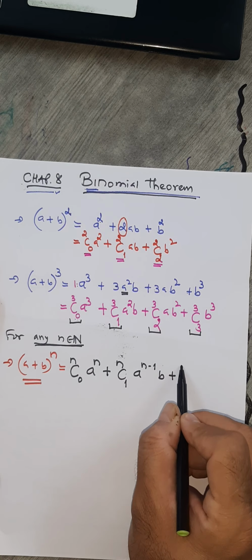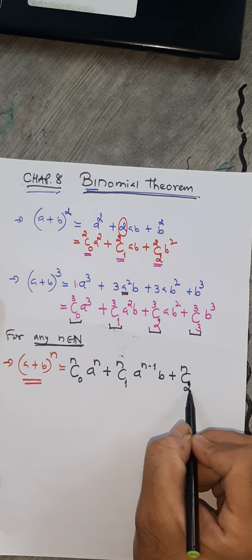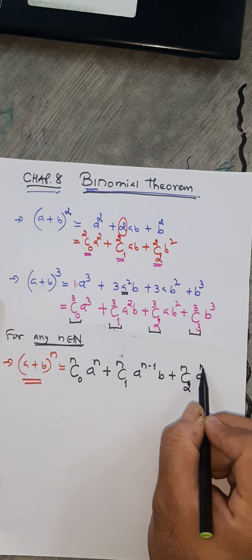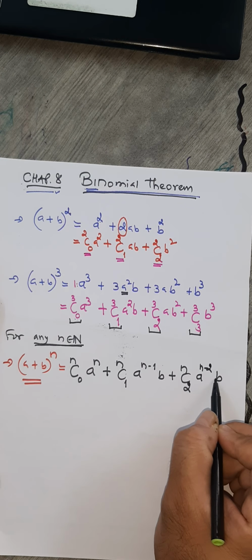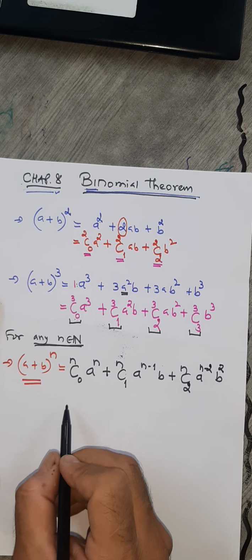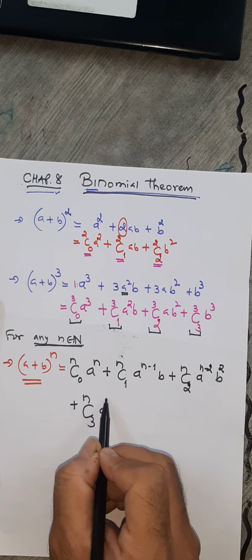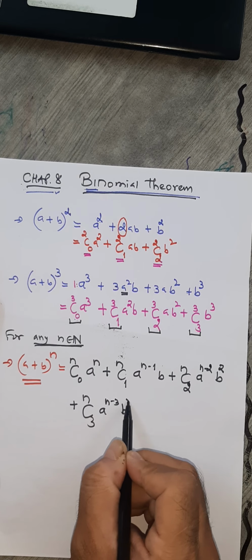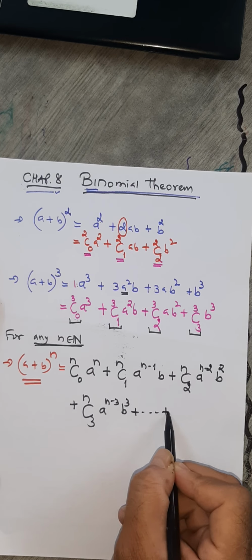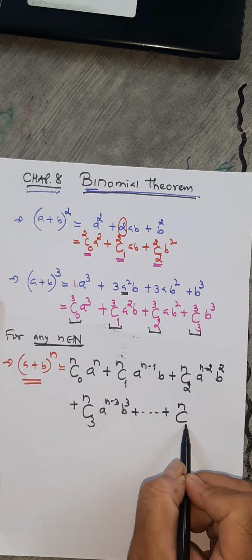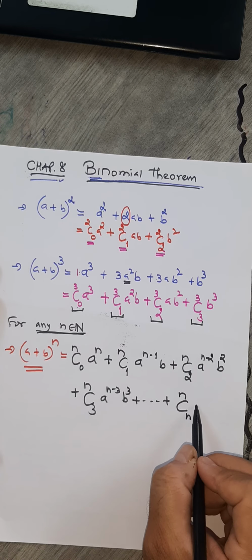Now next nc2, the power will decrease by 1, so here a raised to n minus 2 into b square. If you want one more, you can write nc3 into a raised to n minus 3 into b cube, and so on. The last one, that is ncn, which will be 1.